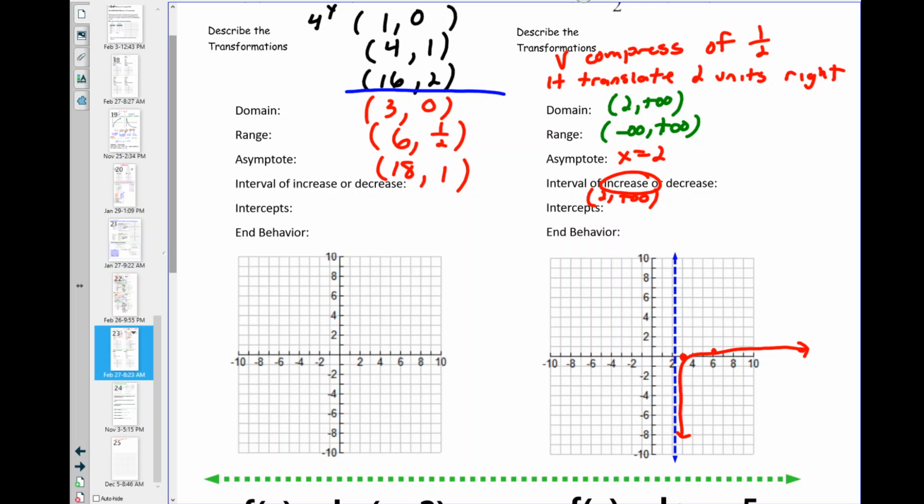I'll skip the intercepts here just because of time. We've done intercepts enough, I think. What's the end behavior? Let's see. The left arrow is not going all the way to negative infinity with X. Where is it going? To 2. So as X approaches 2, Y is going to negative infinity. And then as X approaches positive infinity, what's Y doing? Also positive infinity. Cool.